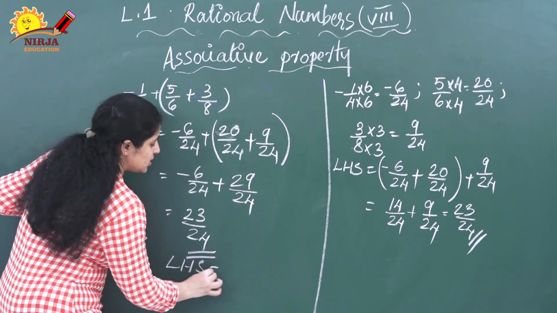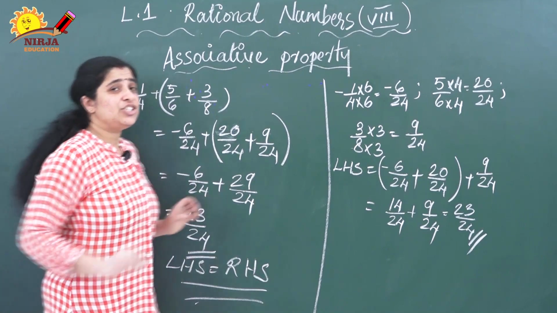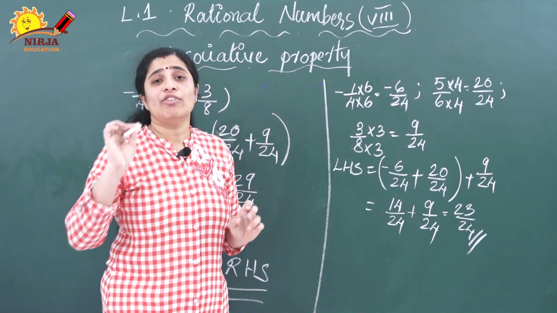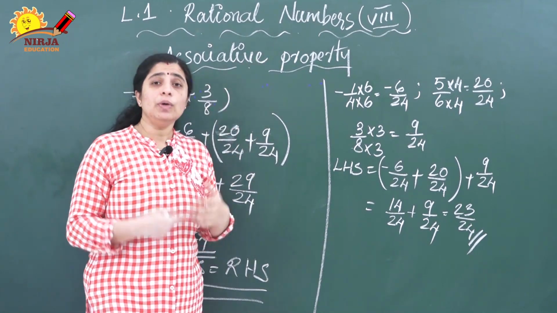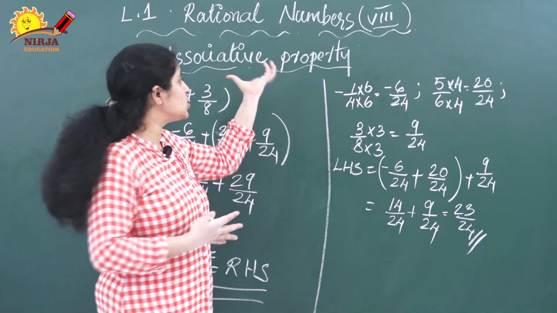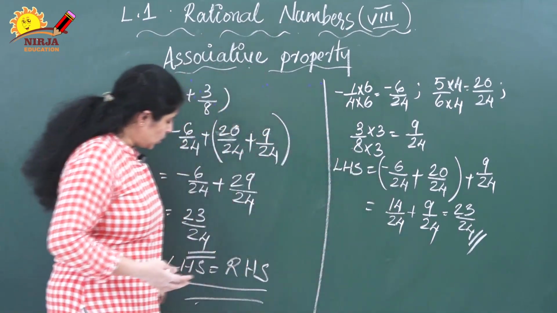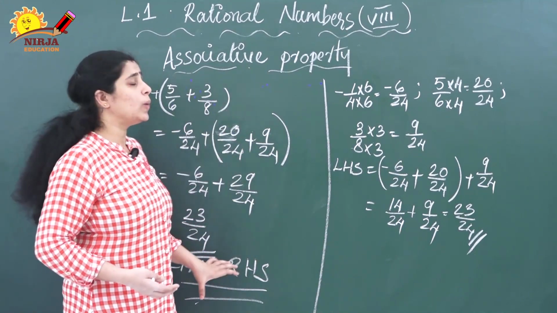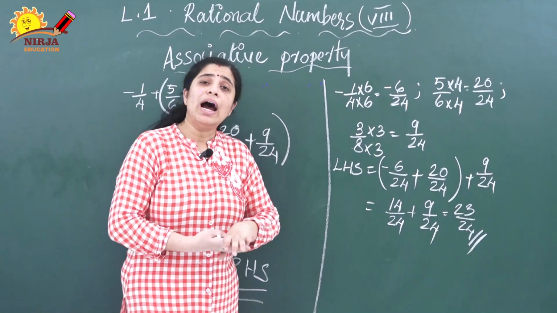That is, LHS is equal to RHS. So the addition of rational numbers satisfies the associative property, because we are getting LHS equal to RHS. We took one example, and in that case we got LHS equal to RHS.